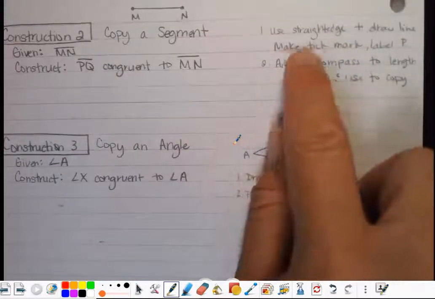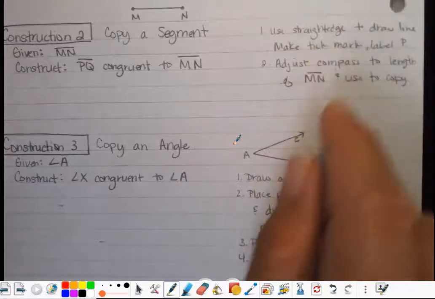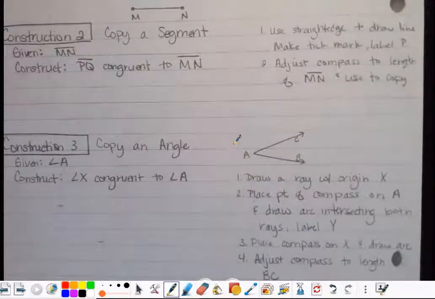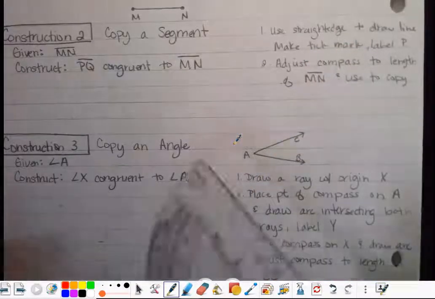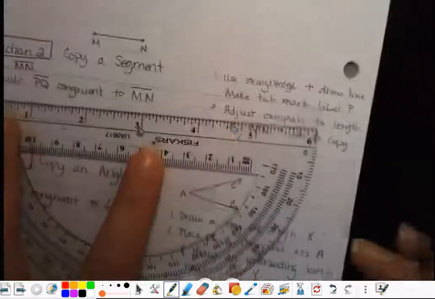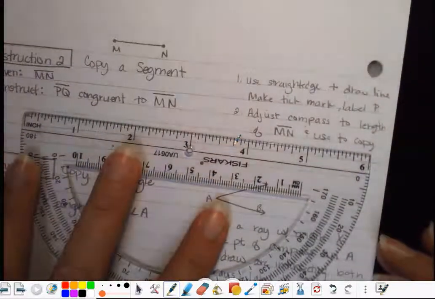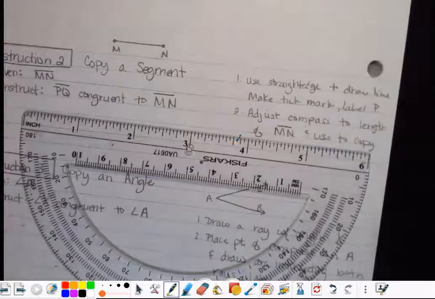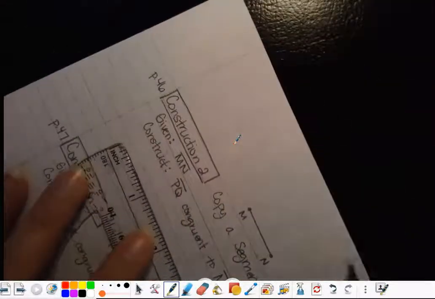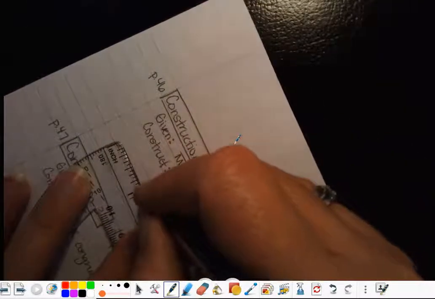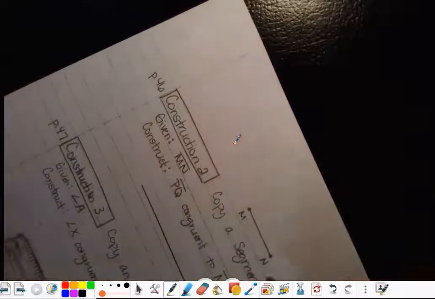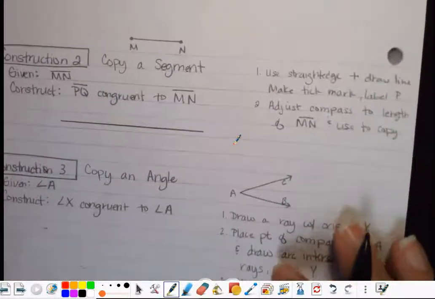It says, use a straight edge to draw a line. So again, you're going faintly with your pencil. It says, make a tick mark and label P. So P is your starting point. We're just going to make a line on there. Make your line longer.